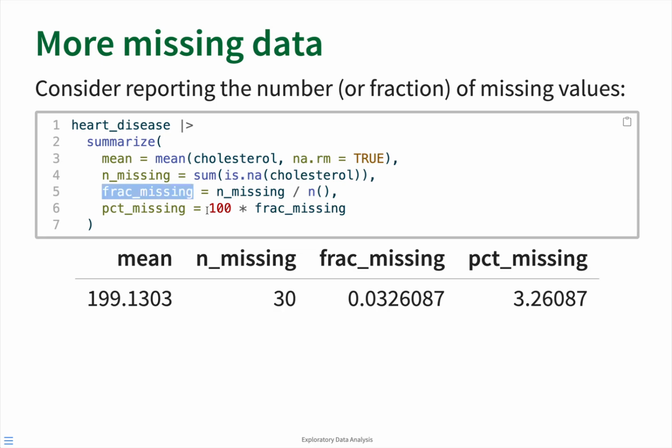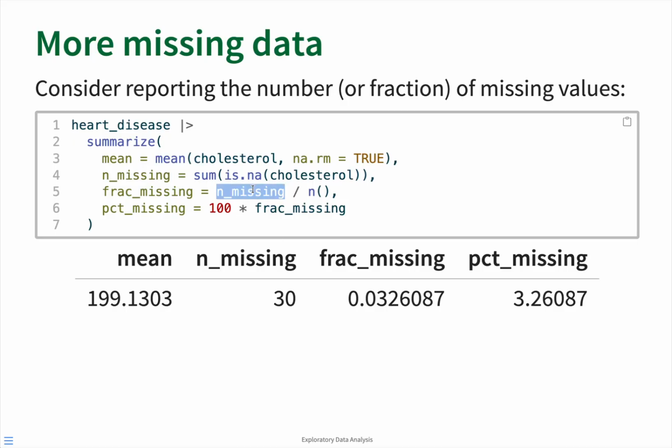This next summary statistic then calculates the fraction of values that are missing by dividing n missing by the n function. Well, we already know the n function calculates the total number of rows in the data frame, and n missing is the number of missing values that we calculated as the previous summary statistic.